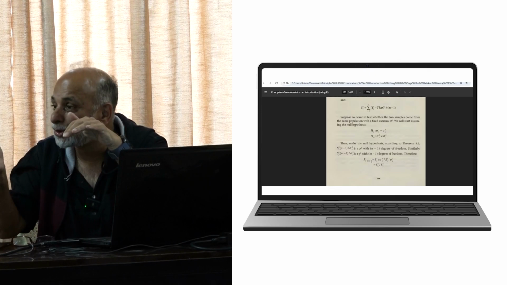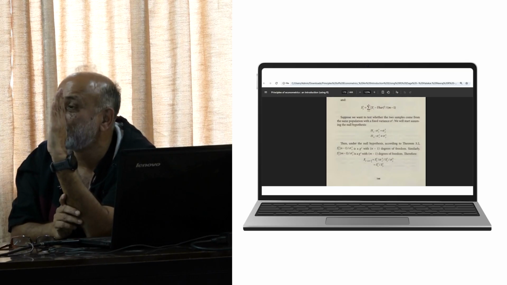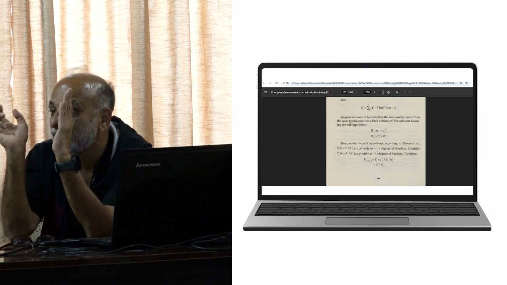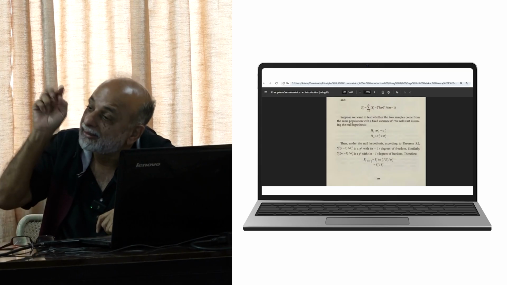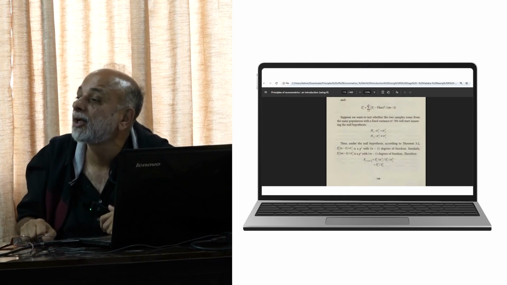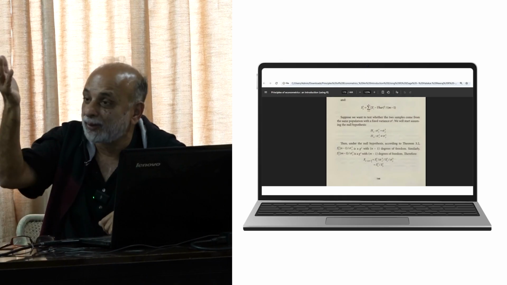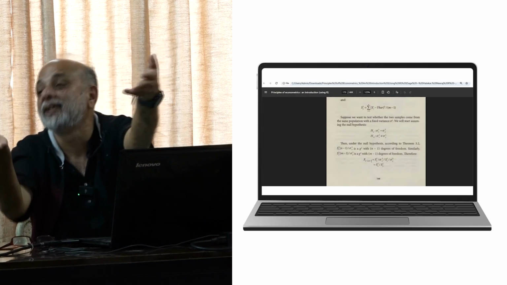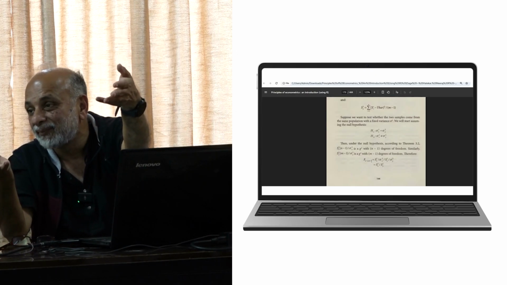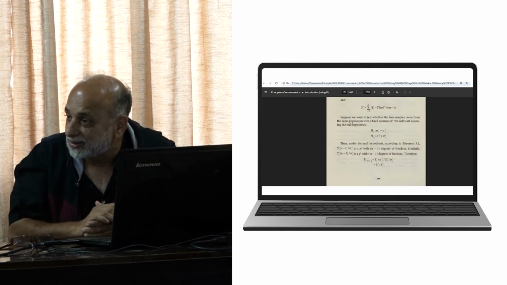If our null hypothesis is true, then this ratio should be close to 1 and only depend upon n minus 1. If our hypothesis is not right, then either S square is much smaller compared to sigma square or much bigger. So this quantity should be much smaller than n minus 1 or much bigger than n minus 1. That is how you test the hypothesis.